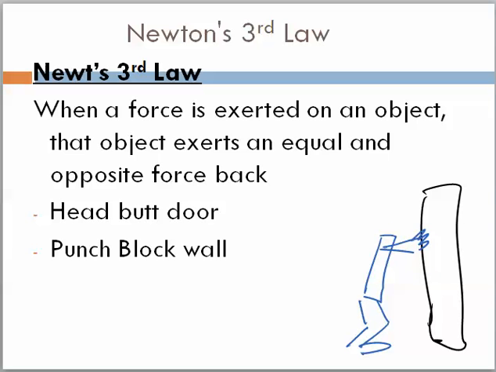What's going to happen? He's going to take his head and bang it into the wall. Well, when he does that, the wall is going to exert an equal and opposite force back on his head. So if he hits the wall with 100 newtons, the wall is going to hit him back with 100 newtons. That's just the way it is. There's no way around that, and there's no way to change that.